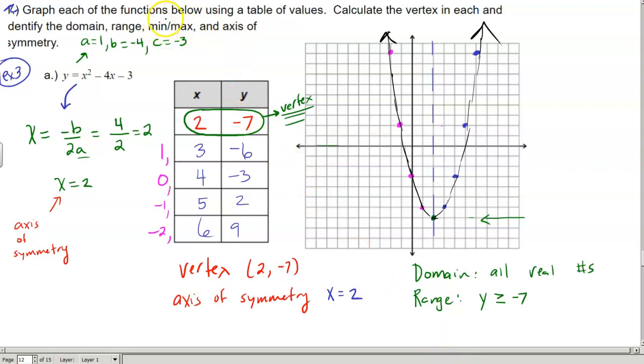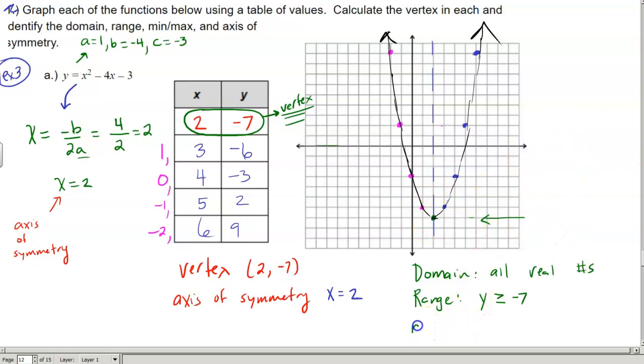It also asks for a minimum or a maximum. So let's talk about what a minimum or a maximum is. In this case, we're going to have a minimum because we have a low point on our graph, right? If the graph was going like this, we would have a maximum point or a high point.